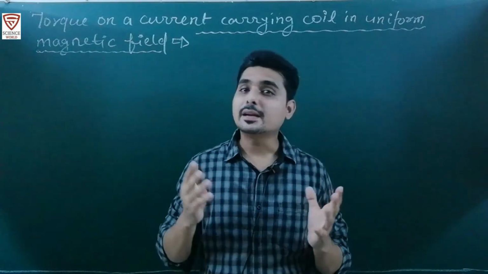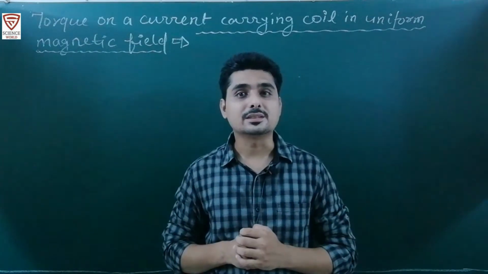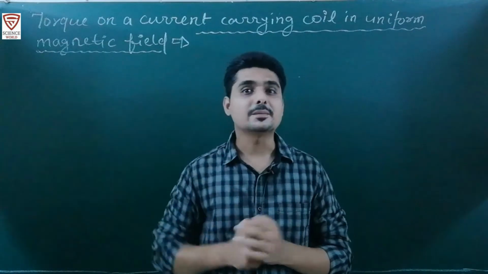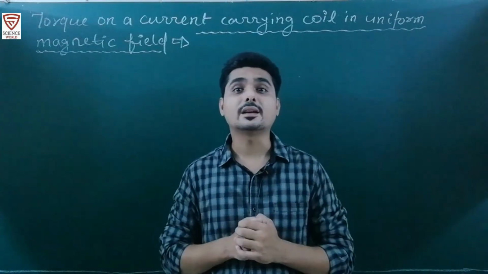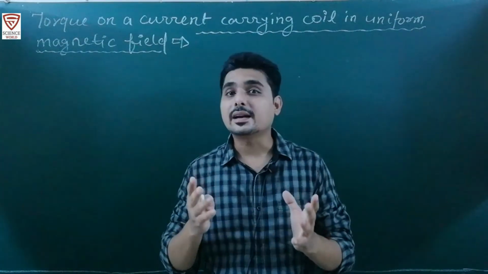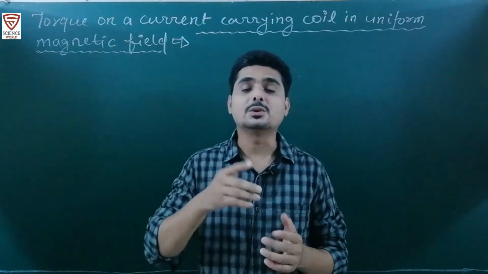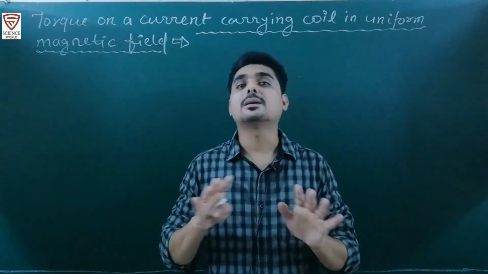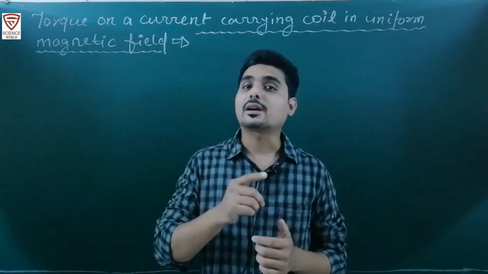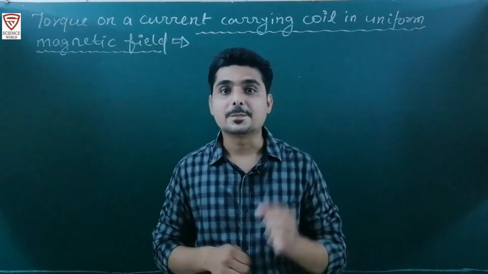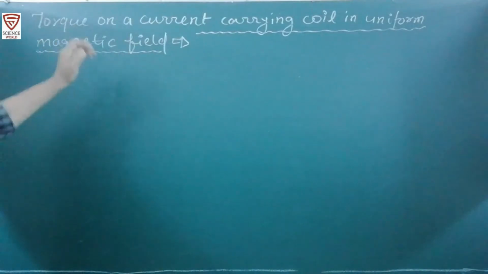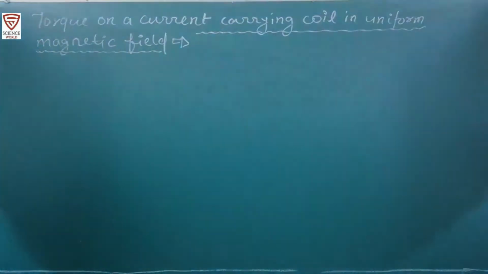There are many daily life appliances based on this principle, like a fan or the motor of a fan, or many electrical devices which rotate due to current. These are all based upon the torque acting on a current carrying coil. So today we are going to discuss the torque acting on a current carrying coil in a uniform magnetic field.